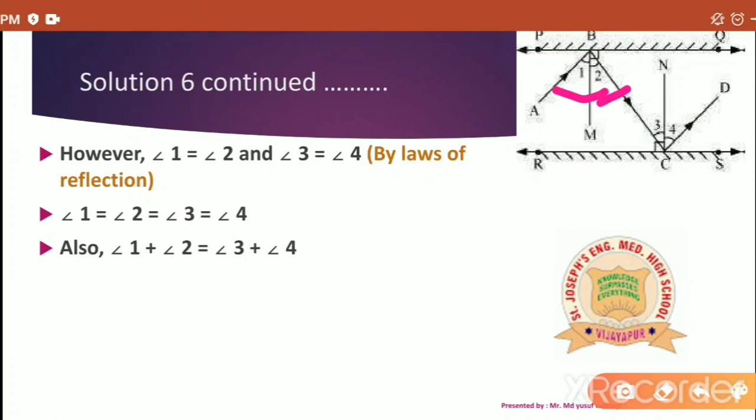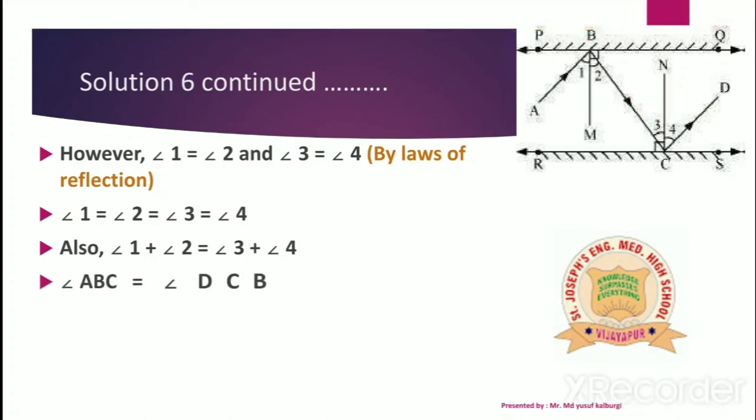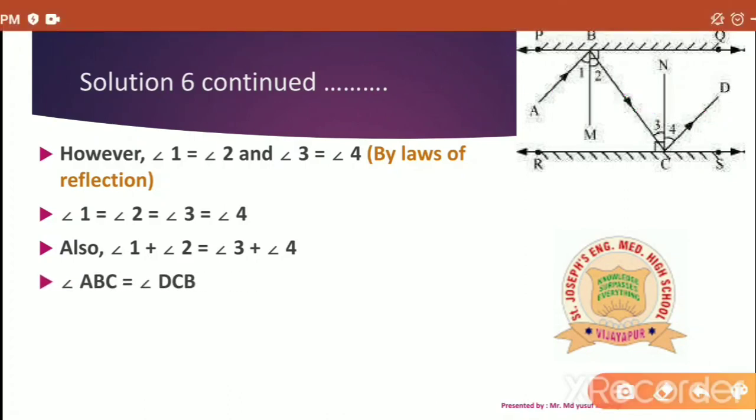And when I add angle 3 plus angle 4, I get angle BCD. That means angle ABC is equal to angle DCB. Angle 1 plus angle 2 forms ABC, and angle 3 plus angle 4 forms BCD. So that's what we are going to write here.